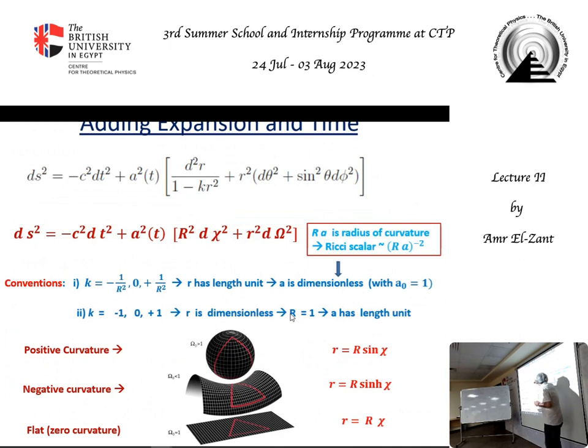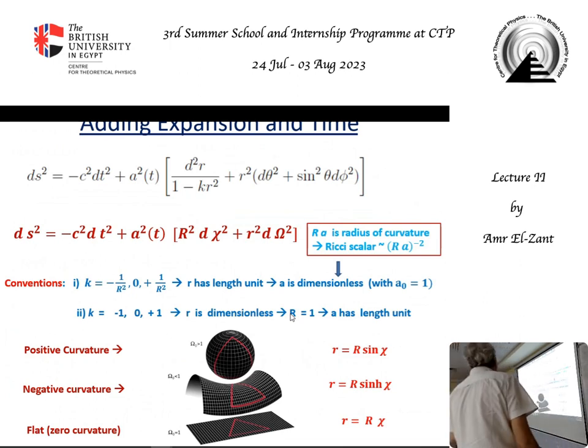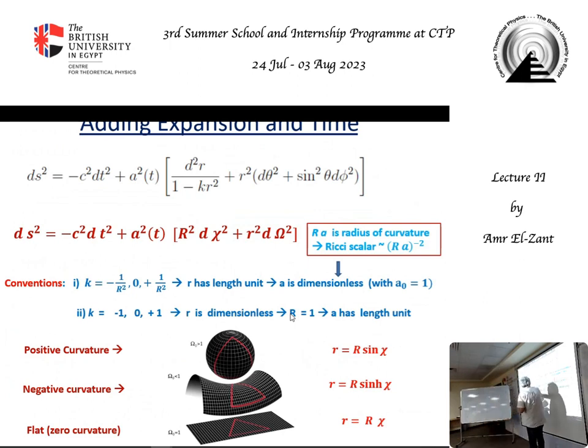Now, these things can be changed. There are different conventions, so these are not really absolute values. It depends on how you define them. For example, some people define k like I did, which I will use for all purposes later: minus 1 over r squared if it's negative, 0 if it's flat, since the radius of curvature goes to infinity, and positive 1 over r squared if it's positive.